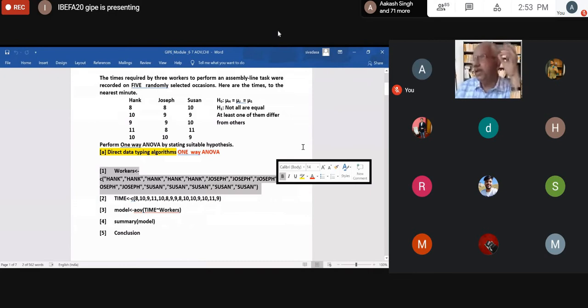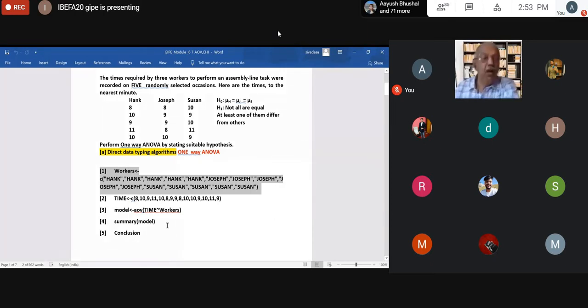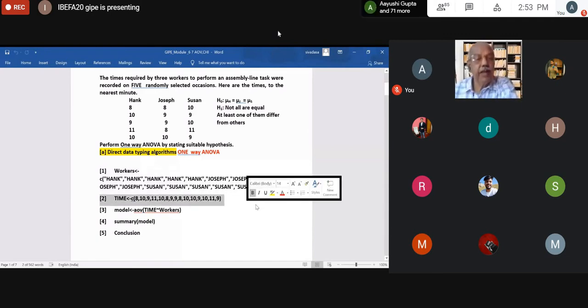Already we have seen in the table, very long back. Accordingly, their data, time: Hank 5 observations, Joseph 5 observations, Susan 5 observations. Only one syntax you do.